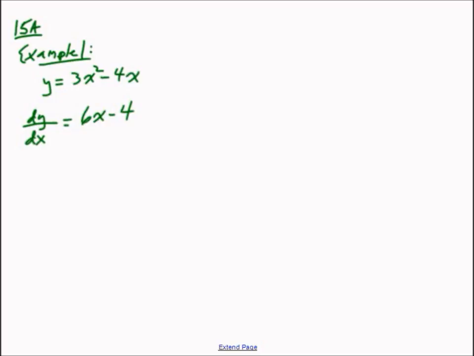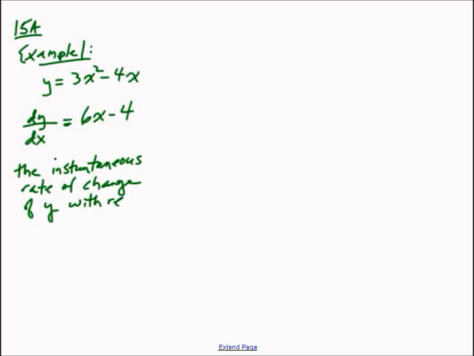And also in this example, it asks exactly what does this mean? Well, this derivative means that the instantaneous rate of change of y with respect to x is 6x minus 4.